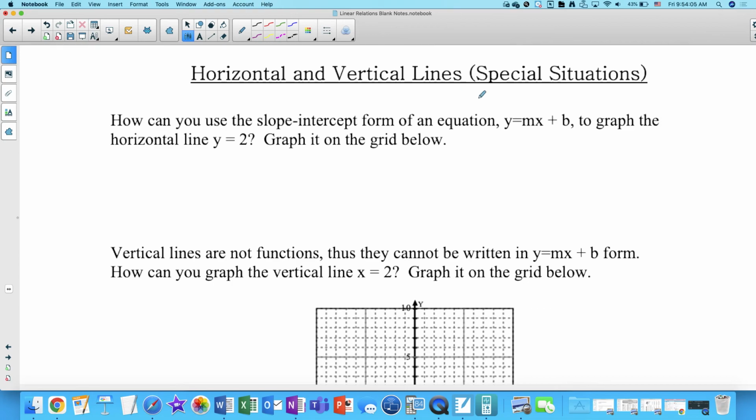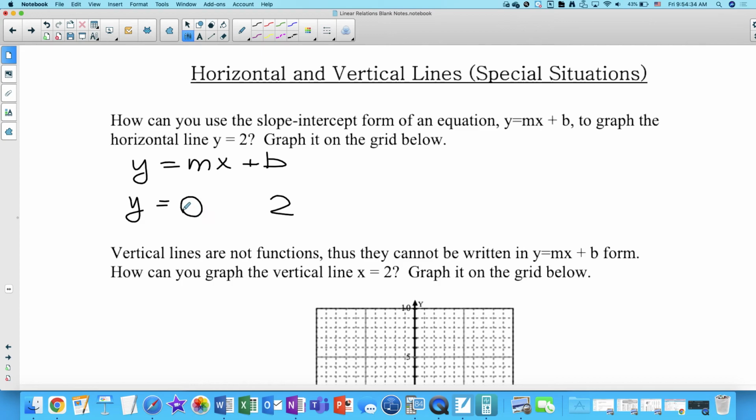Well, if we have this line, y equals 2, and we want to think about it in this format, the 2 is actually the b value. So if there's no x term, what would m have to be? 0, yes. And we actually talked about that, right? When you have a horizontal line, the slope is 0 because there's no rise.